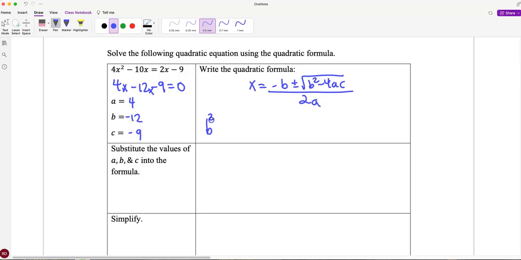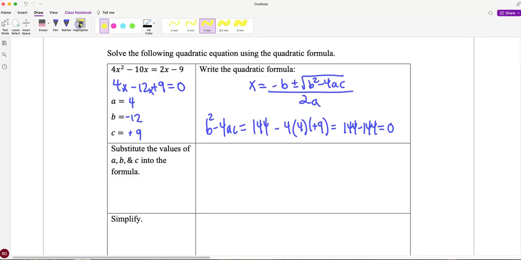B squared minus 4ac is going to be what, 144 minus 4 times 4 times negative 9. And let me back up. This is a plus 9, sorry. So plus 9, that's a plus 9. So this is 144 minus 144 equals 0.